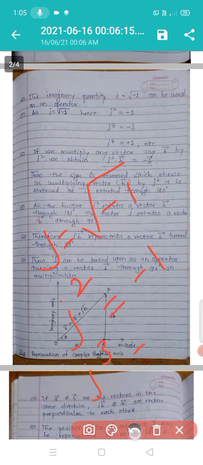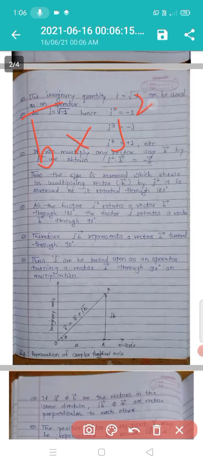If we multiply any vector, say b bar, by j square, then since the value of j square is minus 1, we get minus b bar.